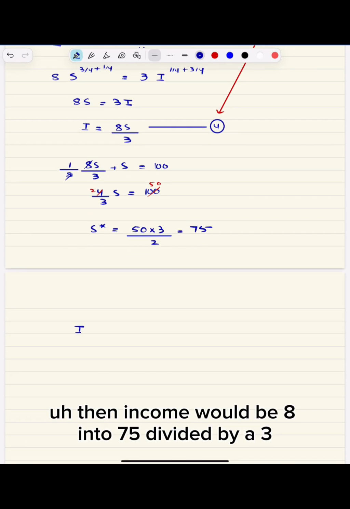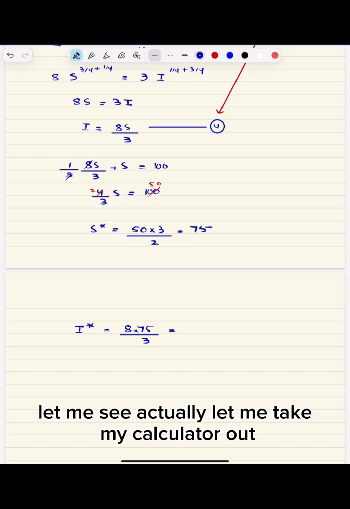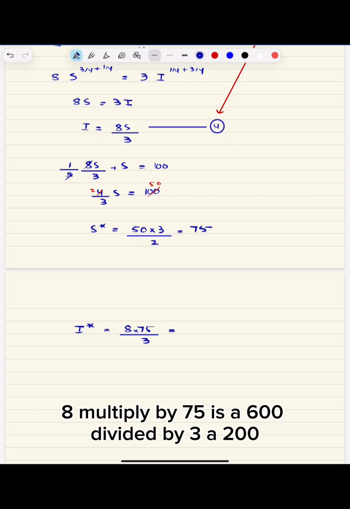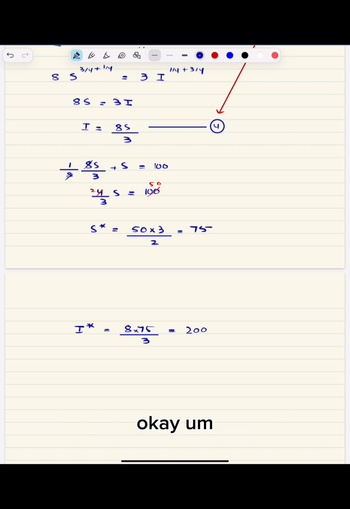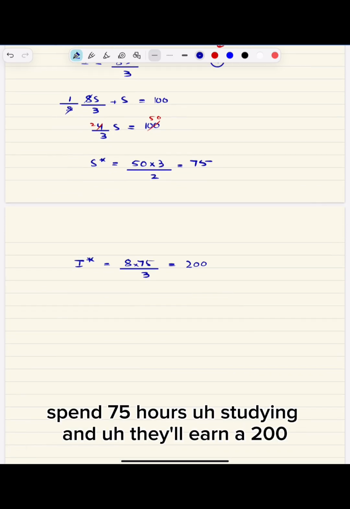Then income would be 8 into 75 divided by 3, which gives us, let me take my calculator out. 8 multiplied by 75 is 600, by 3, 200. Okay. So basically, this person should spend 75 hours studying, and they'll earn $200.